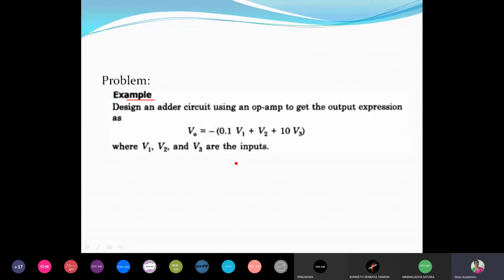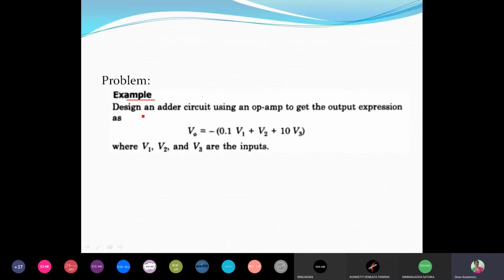So I told you just now, with the knowledge that we have gained, we are going to design some circuits. This is a summing amplifier we are going to design. It is an inverting summing amplifier. Actually, it is not mentioned whether we have to design an inverting or non-inverting summing amplifier.